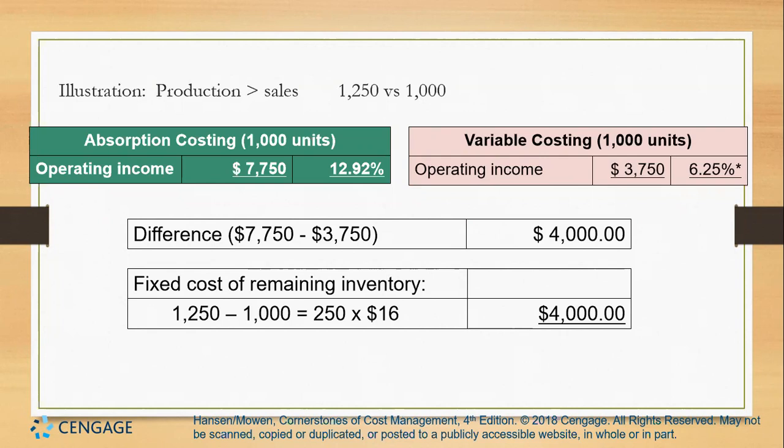So in other words, there's an ending inventory of 250, and you multiply that by the fixed factory overhead of 16. So we now get the explanation for the 4,000 difference. Now, in that case, again, production exceeds sales.